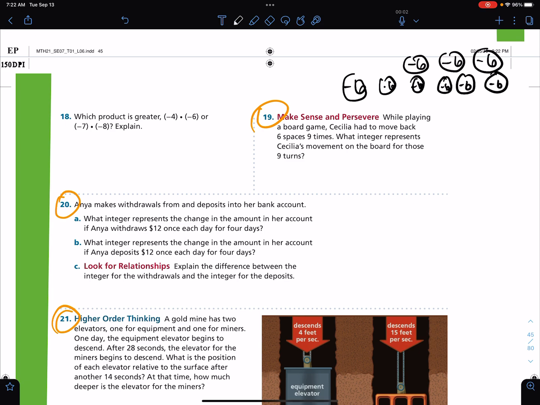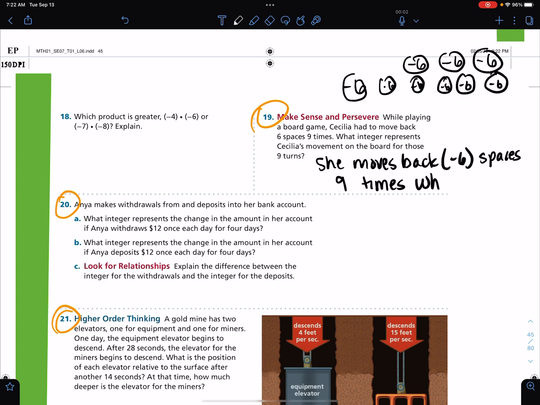Okay. What integer represents Cecilia's movement on the board for those 9 turns? She moves back, and I'm going to put negative 6 spaces 9 times, which will be negative 54.